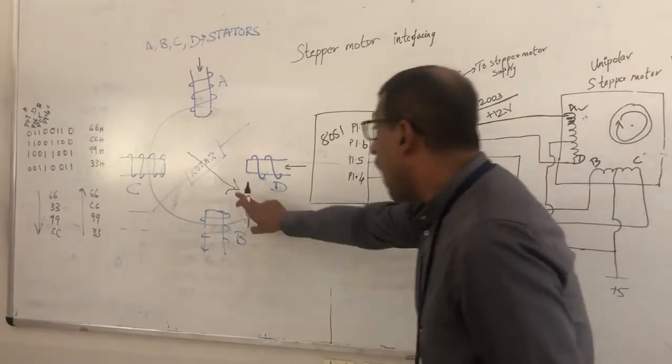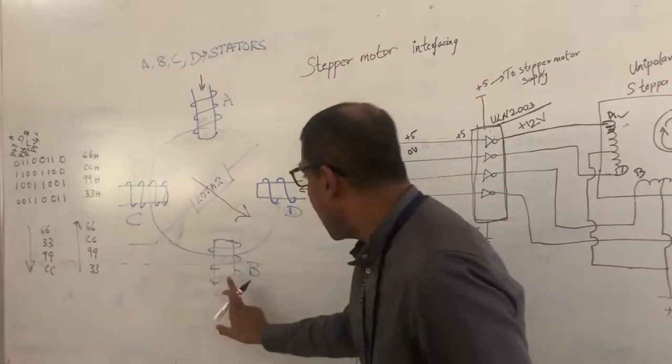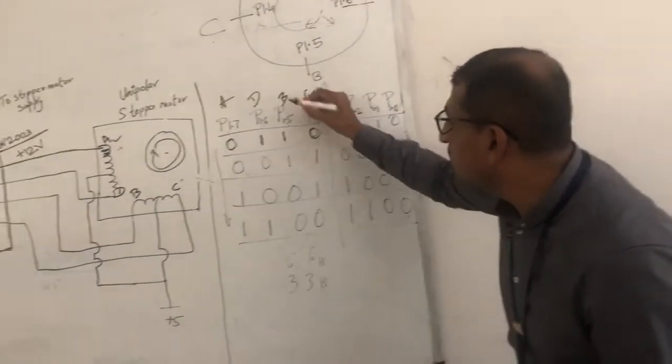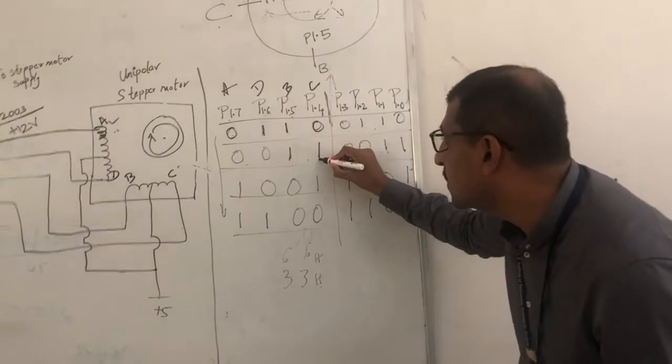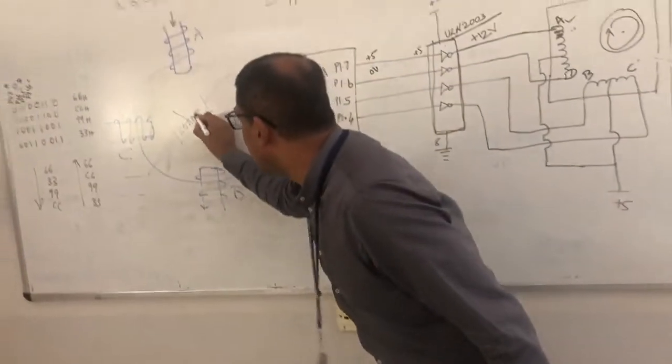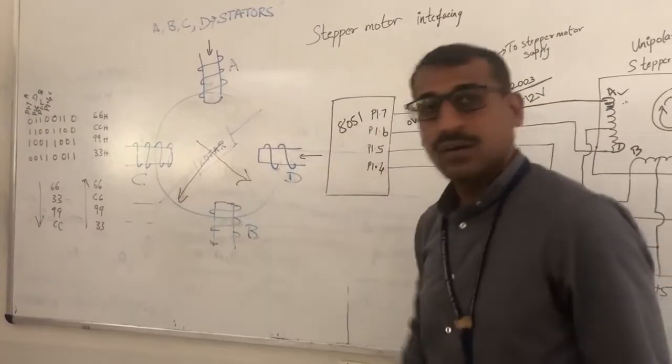Fine. After this, immediately you will have to energize B and C, so that now the rotor will come and stand here. Okay.